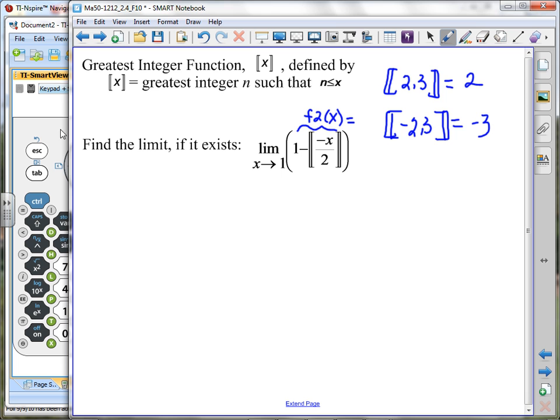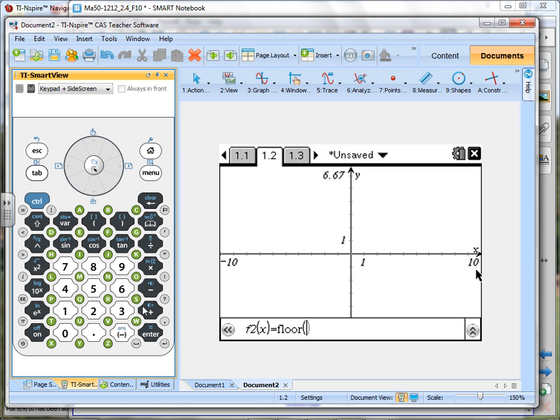So let's see, we've got the floor, and we're going to put in 1, hang on a second. We need 1 minus that, don't we?